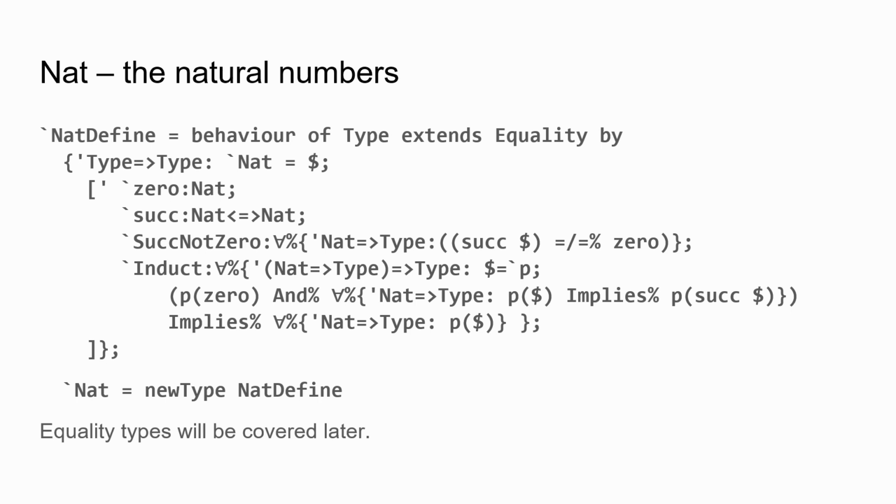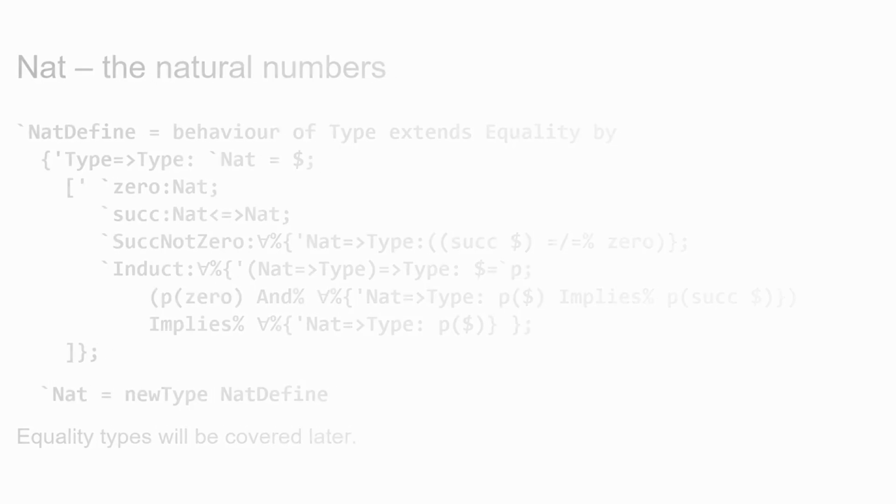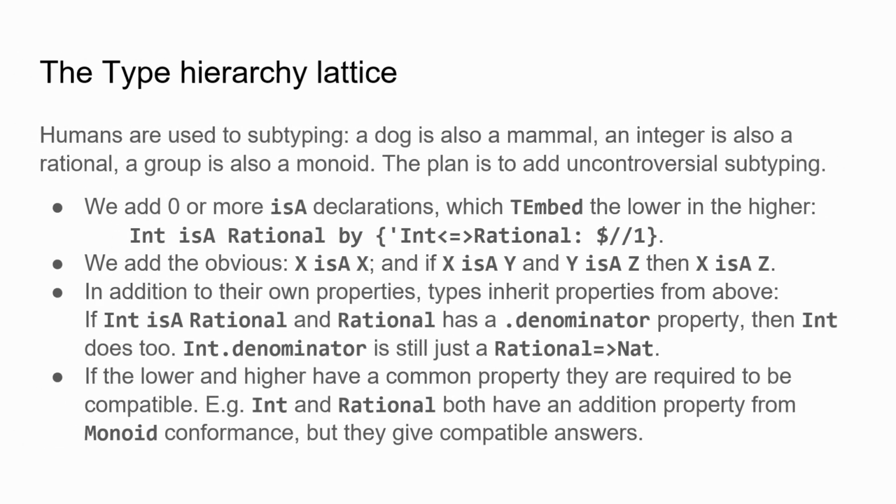And then, once we've got our behavior, we can define the natural numbers with a new type operator. So humans are used to subtyping. A dog is also a mammal, an integer is also a rational, a group is also a monoid.